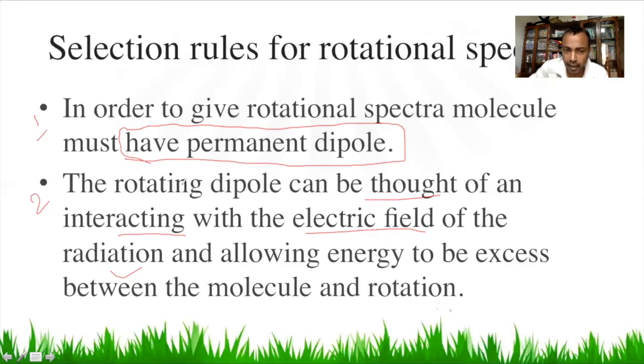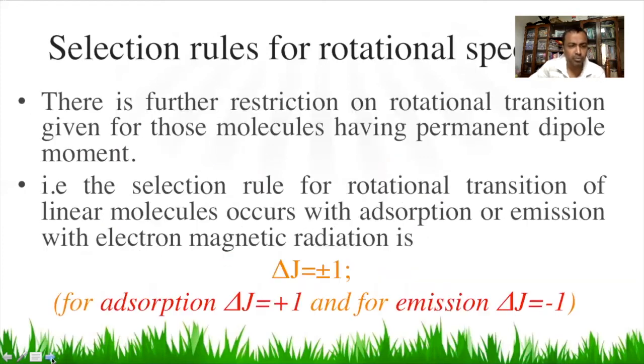Already I have shown that the molecule can be imagined as a wave pattern, and that wave has to overlap with the electric field of the radiation, allowing energy to be exchanged between the radiation and the molecular rotations. Ultimately there will be restrictions on the rotational transitions.